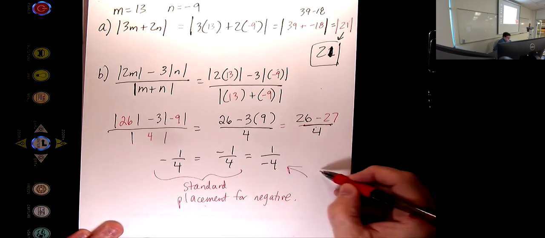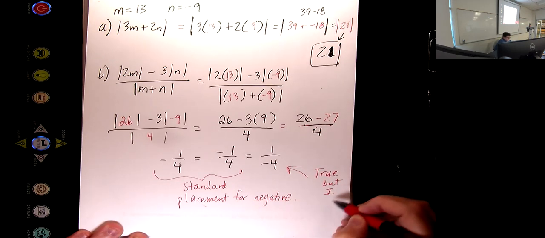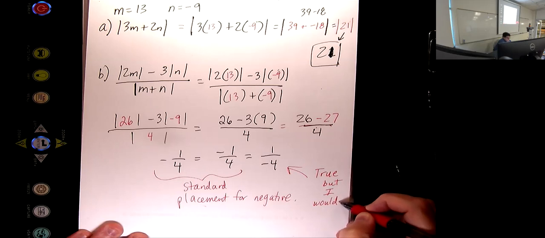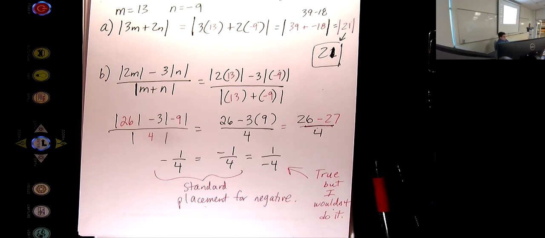This one is true, but I wouldn't do it. It's easy to lose track of that negative sign. The middle one is probably the safest one. You've got the negative sign on top, so there's no way of making a confusing mistake.